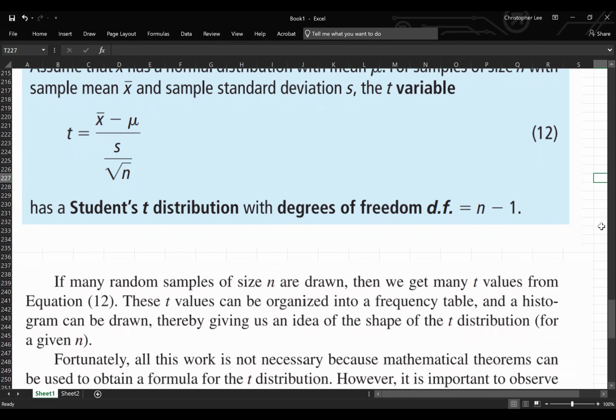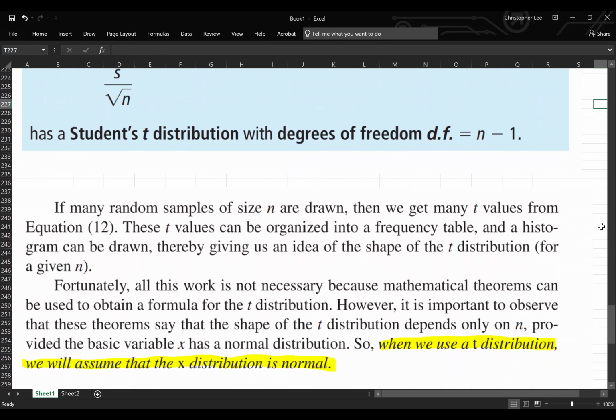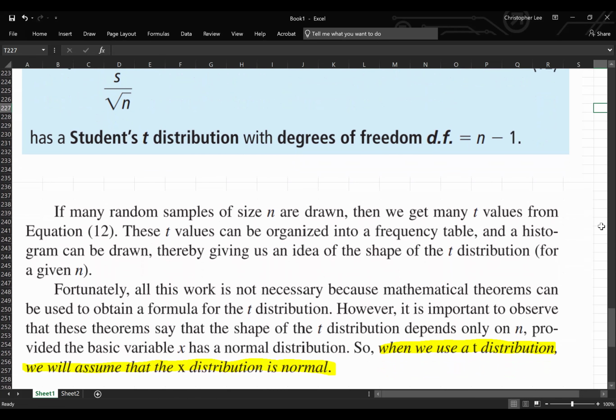Fortunately, all this work is not necessary because mathematical theorems can be used to obtain a formula for the t distribution. However, it is important to observe that these theorems say that the shape of the t distribution depends only on n, provided the basic variable x has a normal distribution. So when we use a t distribution, we assume that the x distribution is normal.